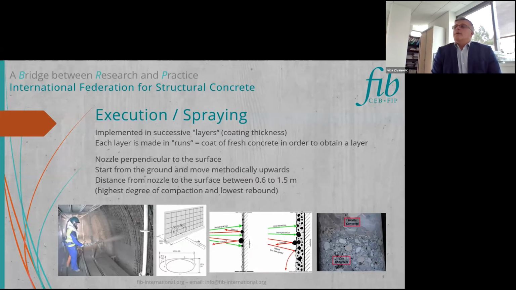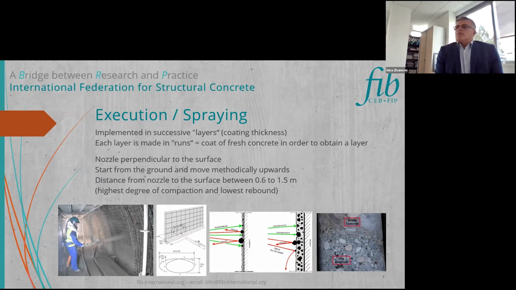The nozzle is perpendicular to the surface, starting from the ground and moving methodically upwards. And I can say an optimal distance from the nozzle to the substrate surface is between 600 millimeters and 1.5 meters.